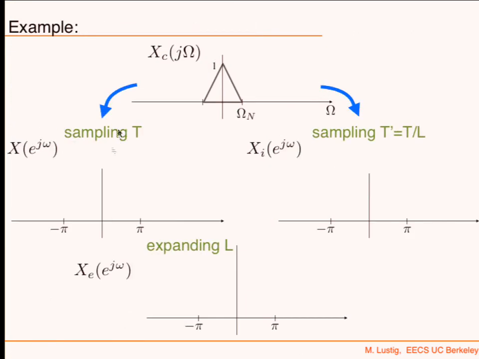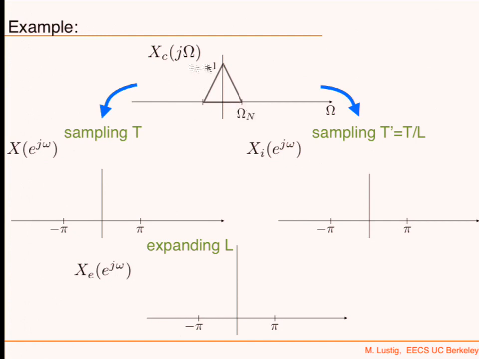So here's an example. I'm going to start with X_c(jΩ), the spectrum that I have for that signal. It is limited by Ω_N.